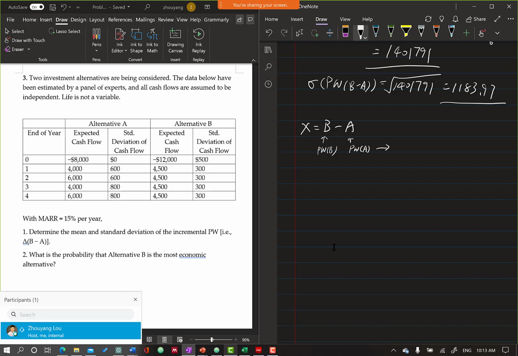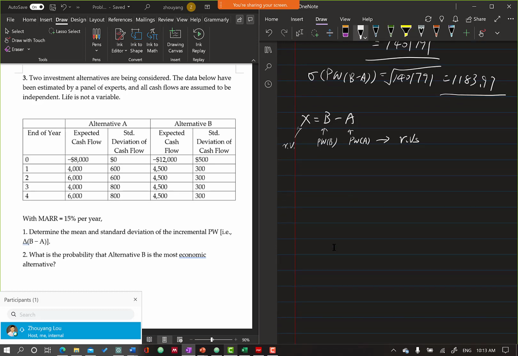So both are random variables, and x is a random variable as well. If we put b as the first guy, like b minus a, that means we want to calculate the probability that b is better than a.